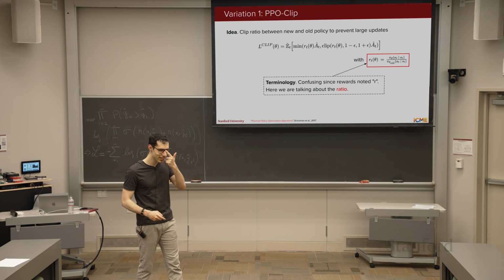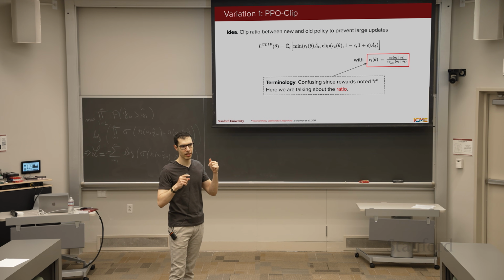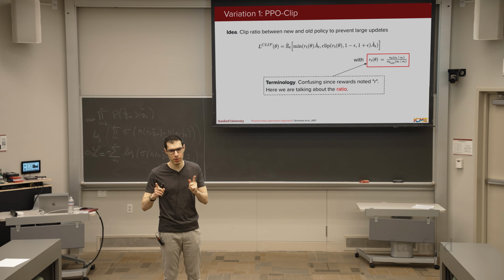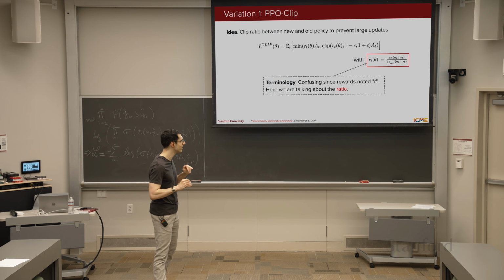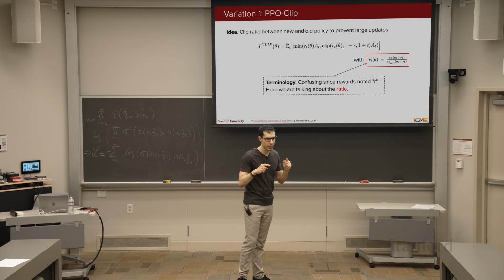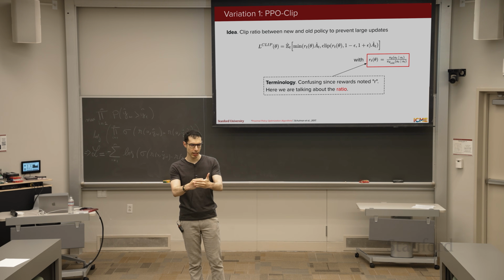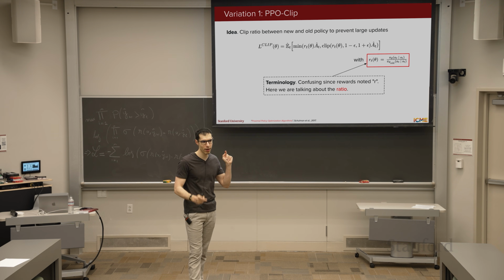The second thing is we're introducing a term called R of theta. This is not the reward model. So typically, people use R to say it's the reward, but here it's not the reward. It's actually the ratio in the probabilities between our policy and the policy from the previous step, which is denoted pi theta old.